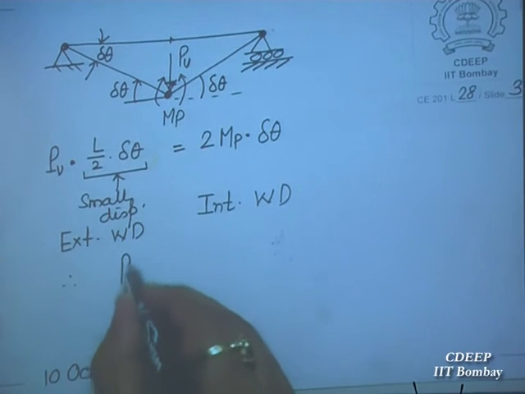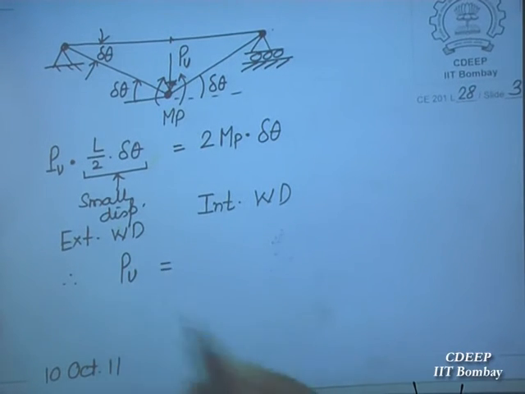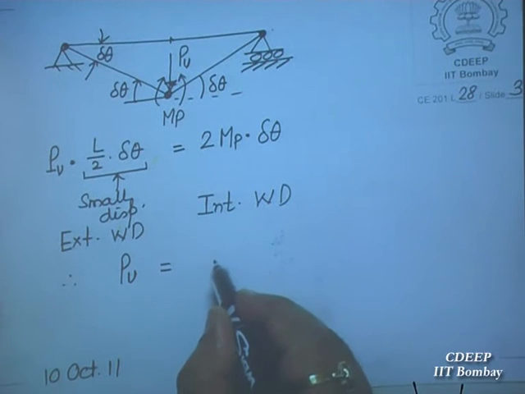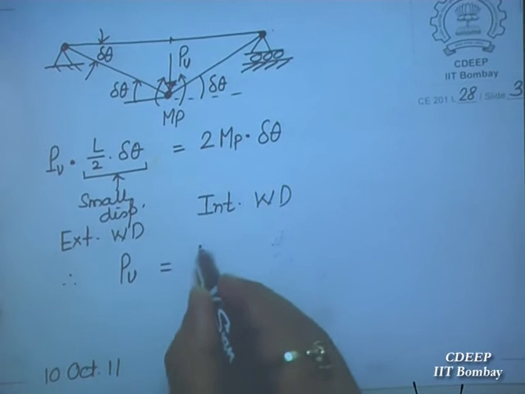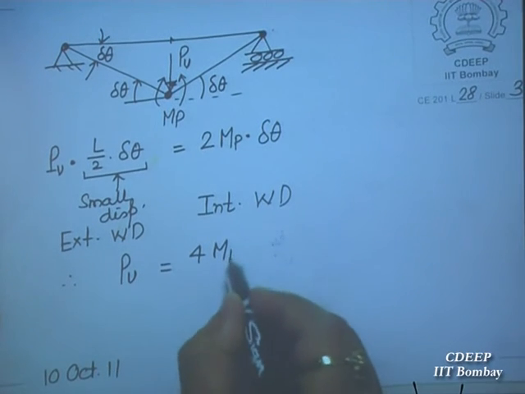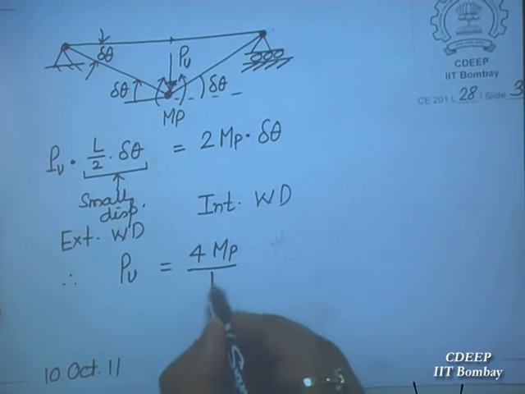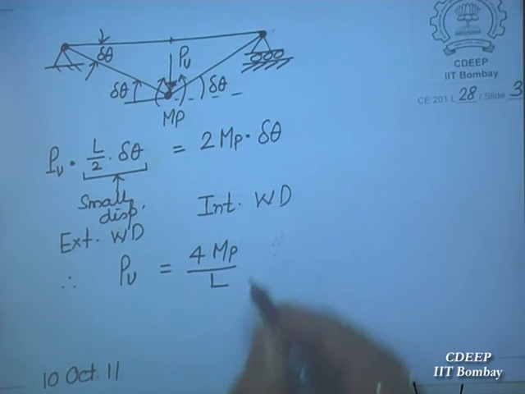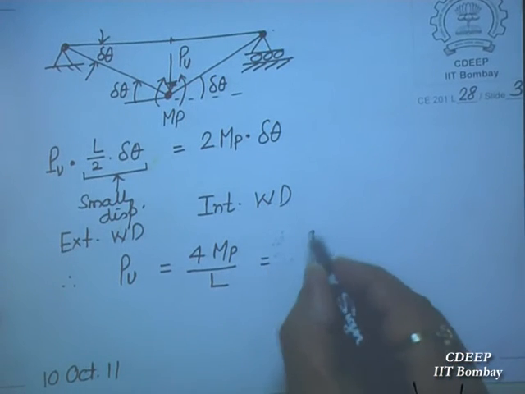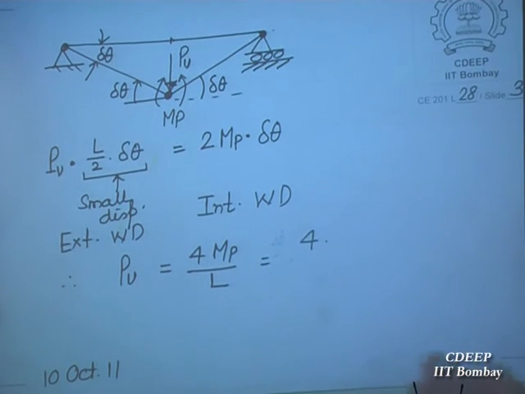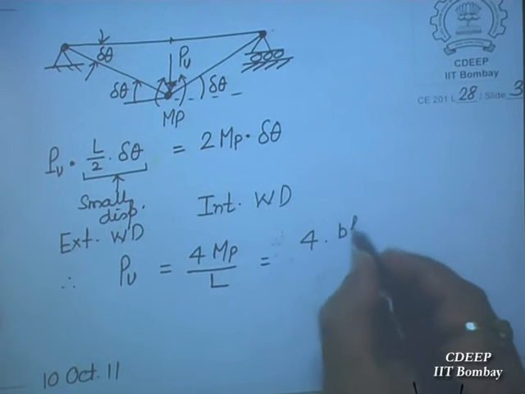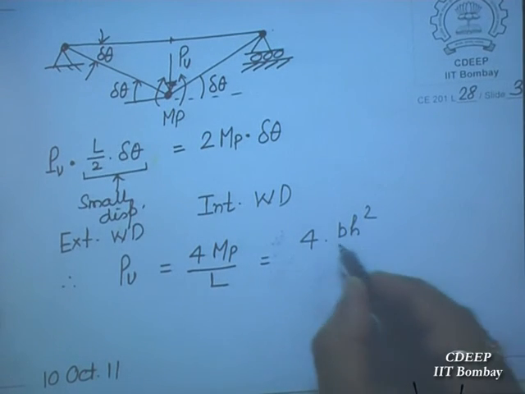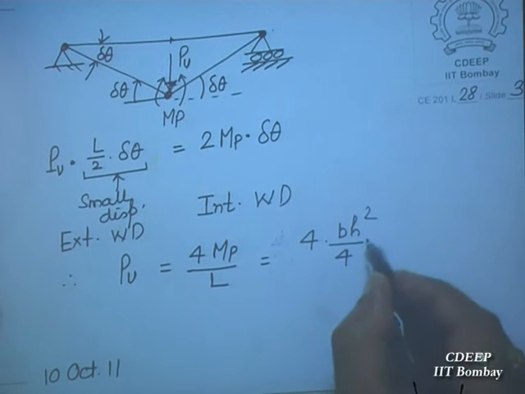So they have to be equated, and therefore PU, the ultimate load that the beam can take, is how much equal to? Please tell me. PU delta theta L by 2 equals 2 MP delta theta, so PU is 4 MP by L. And MP is equal to, as we just found out, BH square by 4 into sigma y.